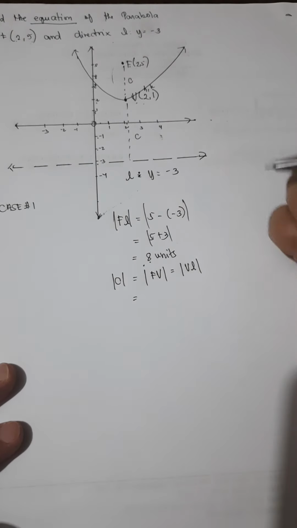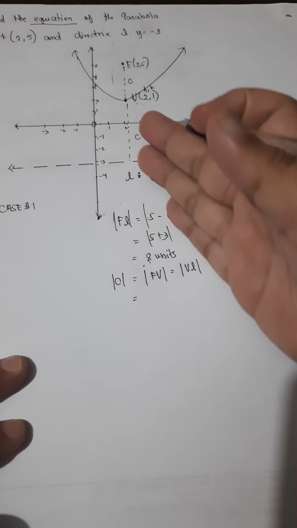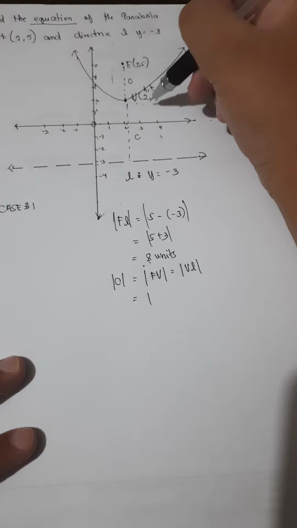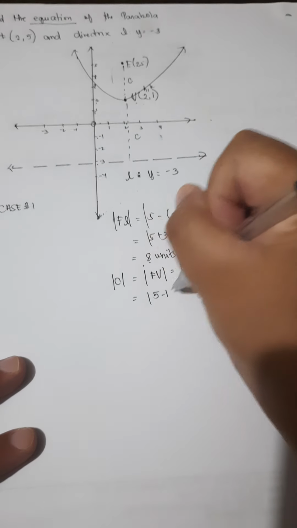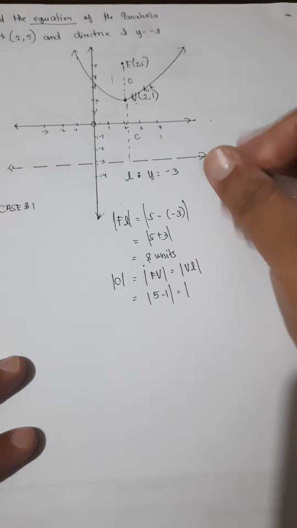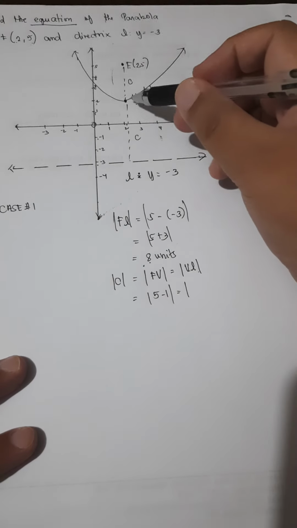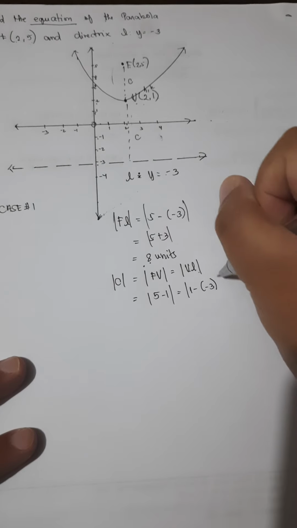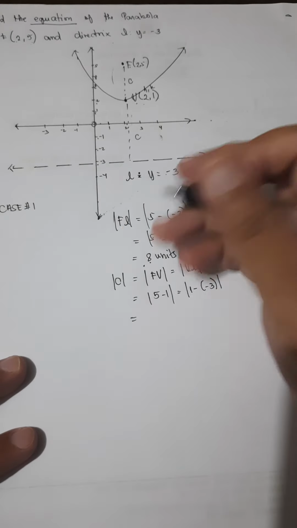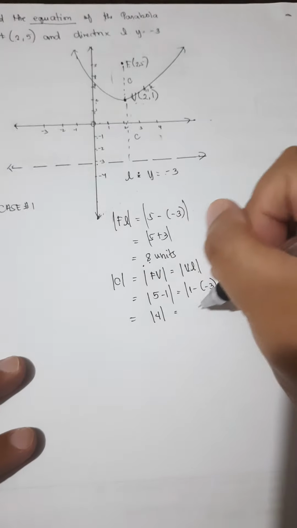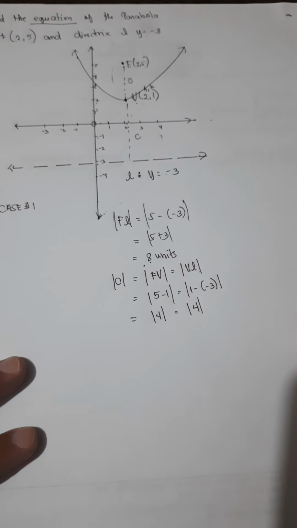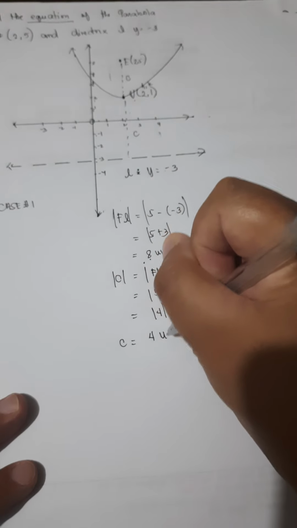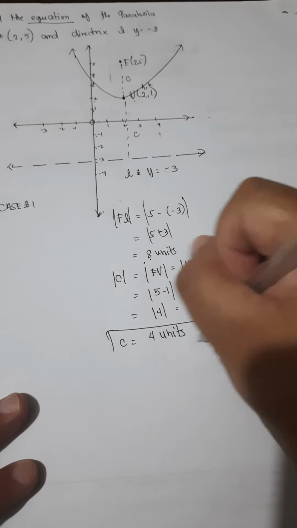So, again, isubtract mo lang na naman yung y kasi pa-vertical siya. So, F and V, yung y nila, that is 5 minus 1. Equal lang yan sa V at saka sa ating directrix, that is 1 minus -3. Okay? So, 5 minus 1, that is absolute value of 4. Ganon din dito. This is absolute value of 4. So, therefore, our c value is 4 units. Okay?